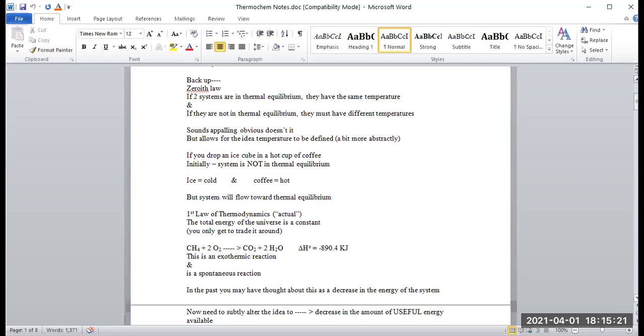Therefore, the heat from the coffee is flowing toward the coldness, which is the ice cube, and give it a few minutes, there's no longer an ice cube in there. It's now melted. I now actually have achieved thermal equilibrium. The liquid that was in the ice cube is now at thermal equilibrium with the liquid from the coffee.